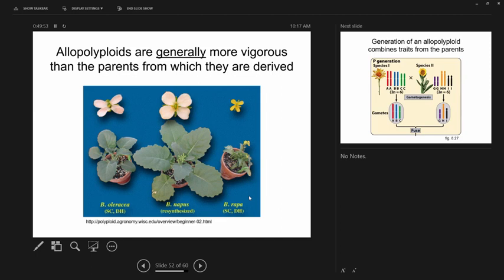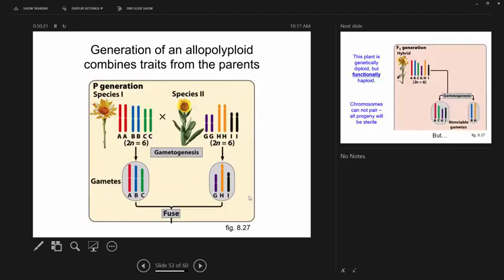Hybrid vigor comes from an increased diversity of genetic alleles when you cross two different members of the same species. Here, as we'll see, you're adding one complete genome to a different one. And with hybrid vigor, the two plants have exactly the same genes arranged the same on the same chromosomes. Let's look and see what we got here. This is where this is different.